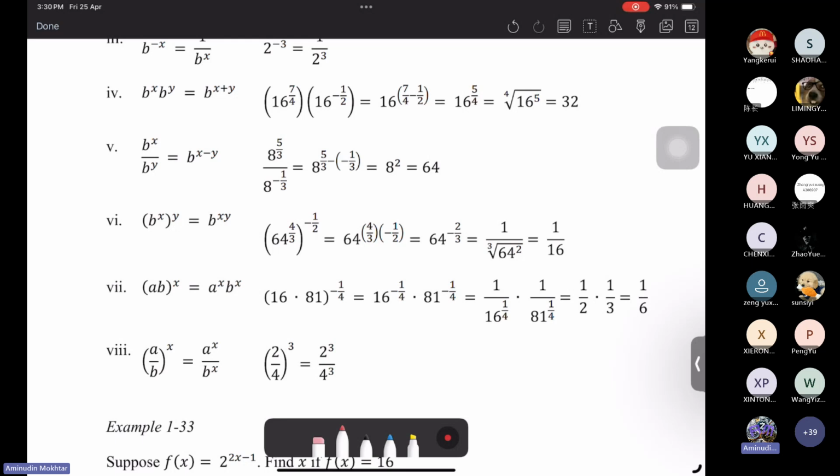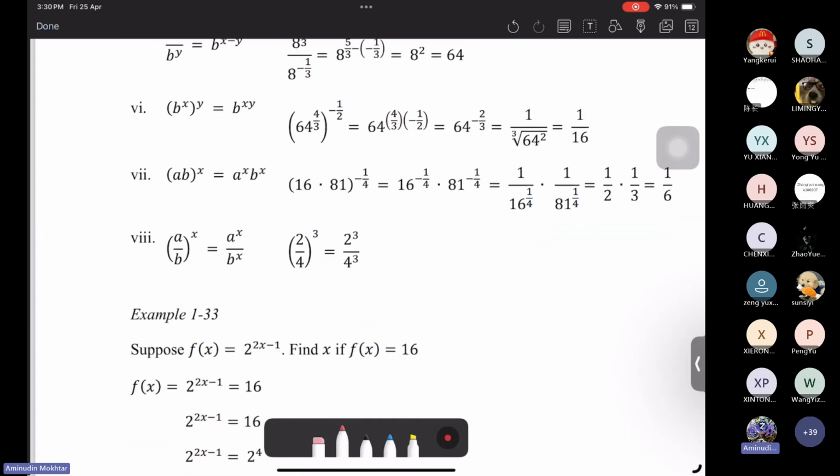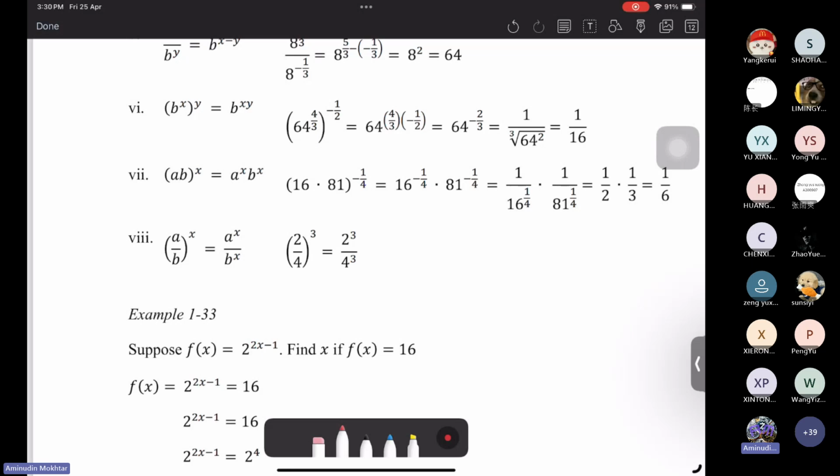In the next topic, you might need to use the exponent rules from rule number 1 until rule number 8. In class I will share with you from time to time, in specific examples, how to use exponents or logs when you try to find the equilibrium quantity, for example. I will show you later.